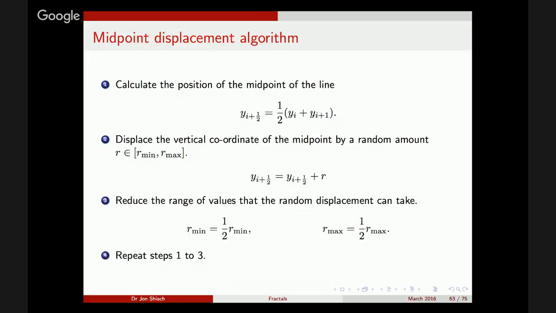Furthermore, at each iteration, you reduce that range. For example, if r min and r max start at -1 and +1, you might want to halve the range each time. So it reduces the value of your displacement. And you just keep repeating that over and over again, and eventually you get a nice fractal landscape.